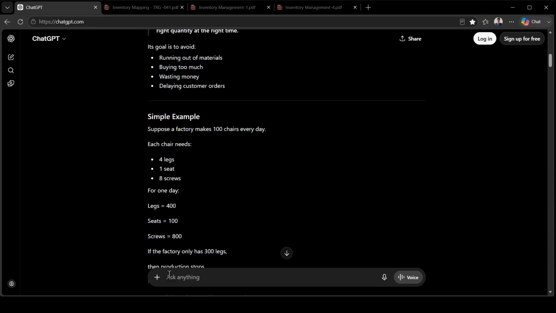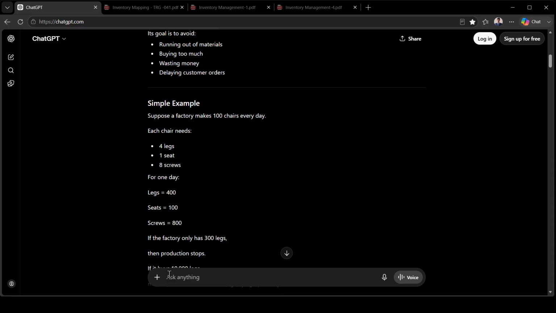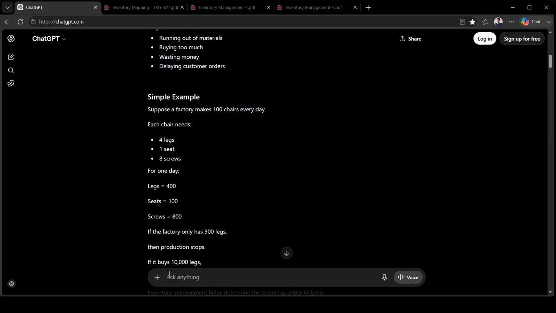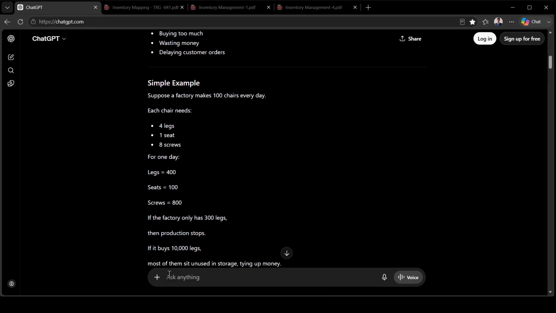customer orders. A simple example: suppose a factory makes 100 chairs every day. Each chair needs 4 legs, one seat, and 8 screws. For one day, that is 400 legs, 100 seats, and 800 screws.